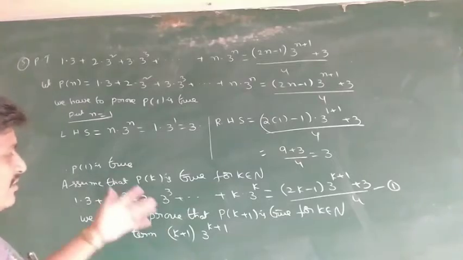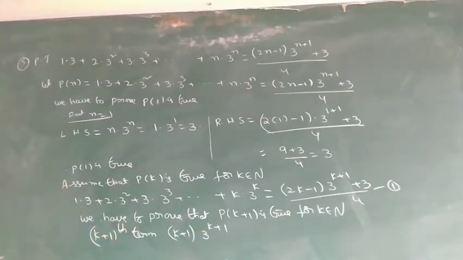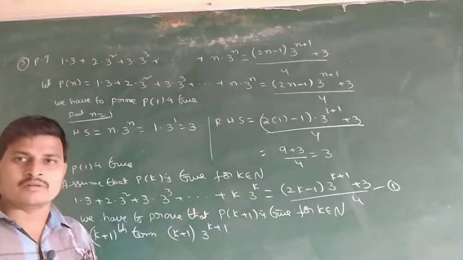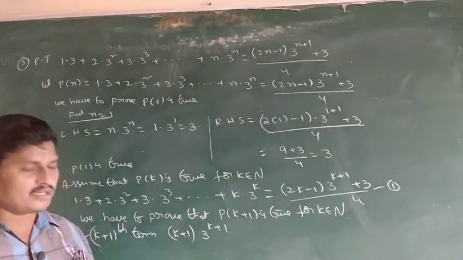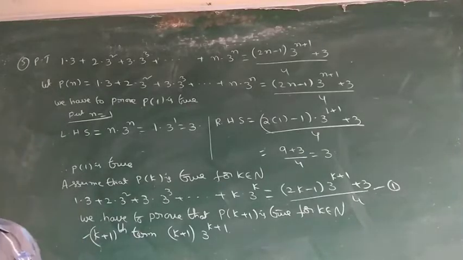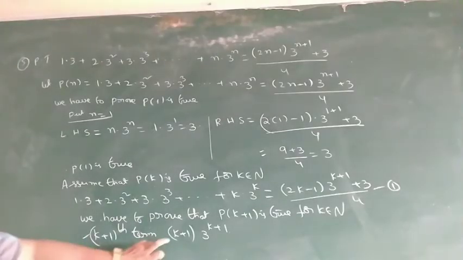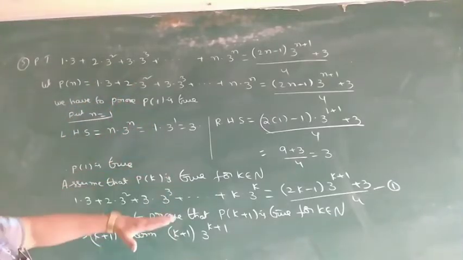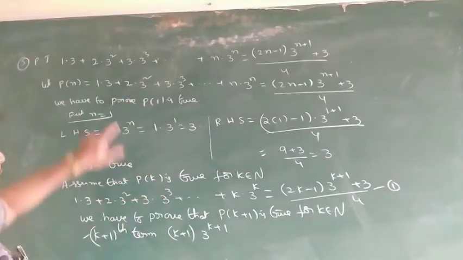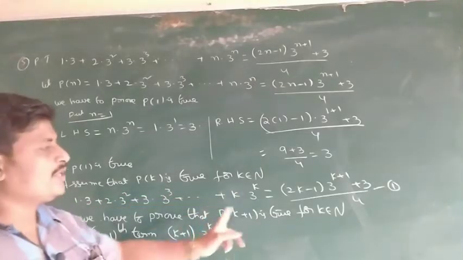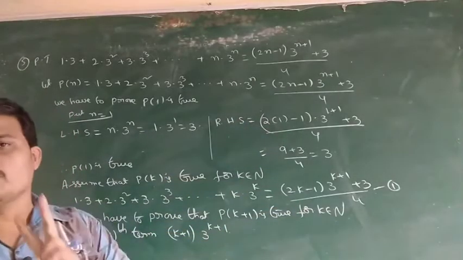So what is the next one? These are all common steps. The main one is this: if the k plus 1th term is wrong, then the total problem up to the last will be wrong. This is the k plus 1th term, important. Up to this one is only the structure, worth 2 marks: P(1) is true and assuming P(k).